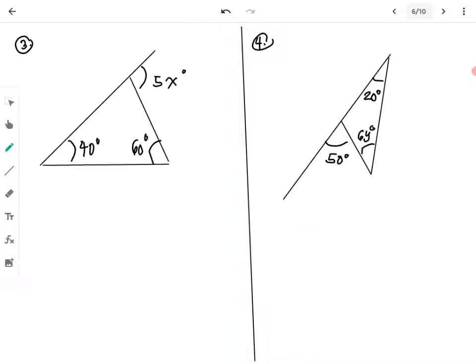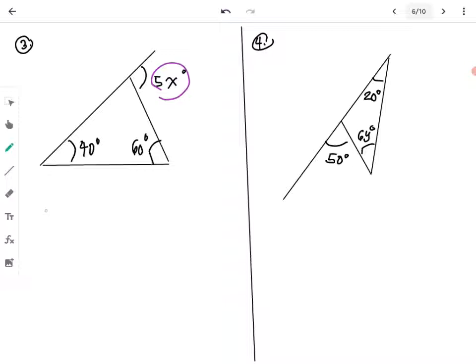Next. Here, it is important in a figure that we can spot directly which one is the exterior angle and which are its opposite interior angles. So here our exterior angle is 5x degrees and the two inside angles are its opposite interior angles.